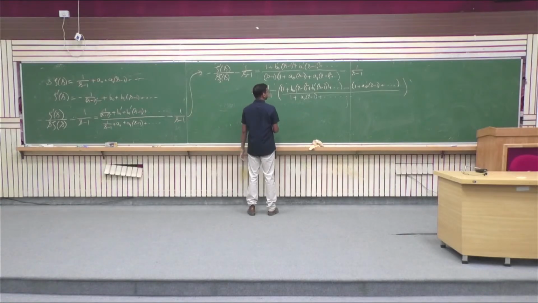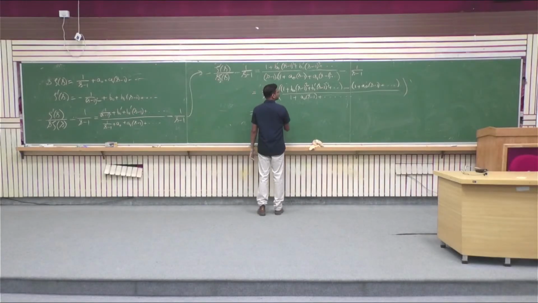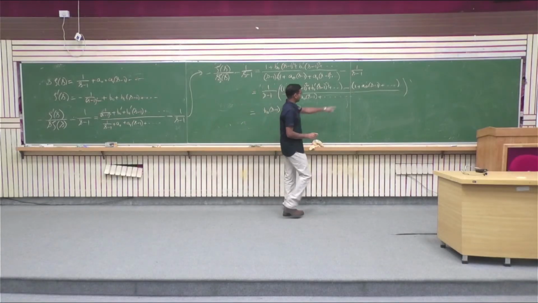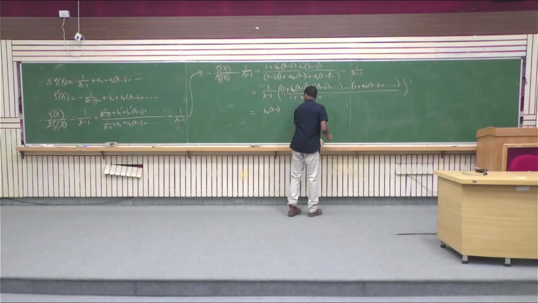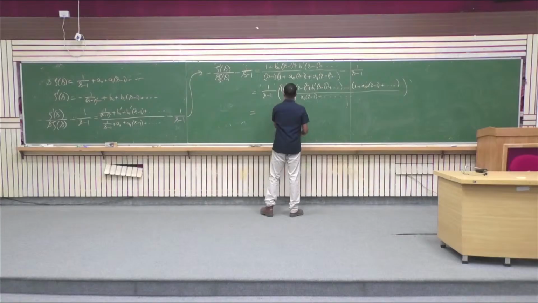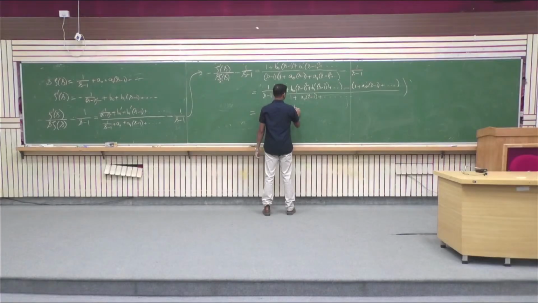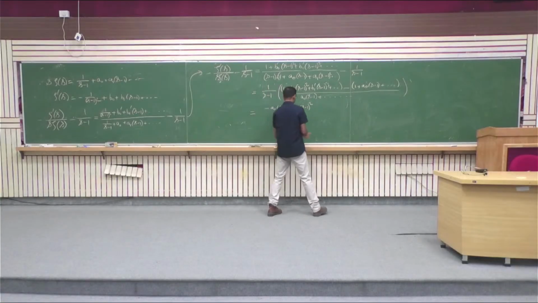So this one just becomes b0 times s minus 1, wait a minute, no, this minus a0 times s minus 1 would come first, minus a1, sure.